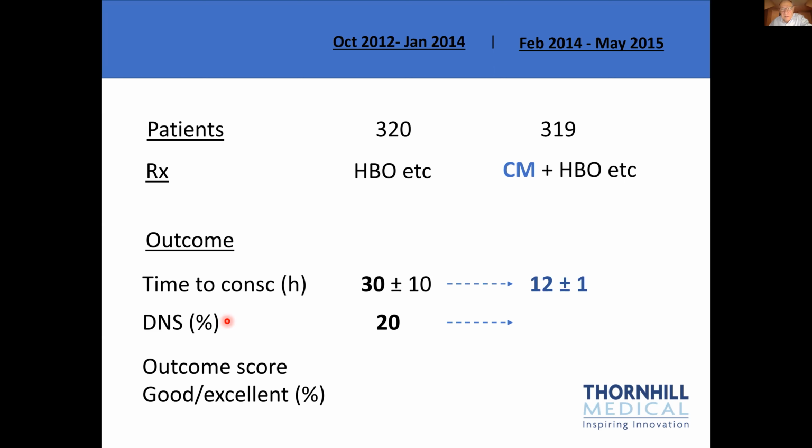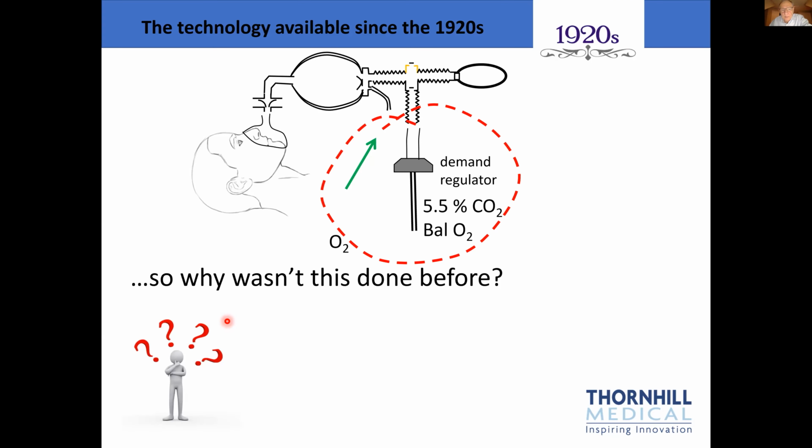But if you use the ClearMate first and treated them early, it was down to 1%. And the outcome score, they followed them up after 2 years, and they scored them to see if they were good or excellent or bad and poor. So 71% were good to excellent. And the ones with the ClearMate, 99% were good to excellent.